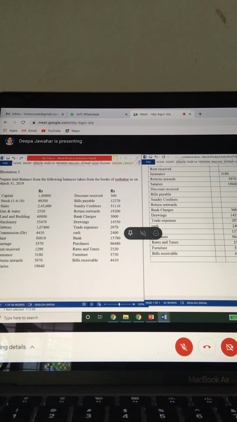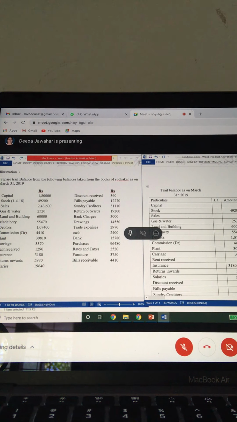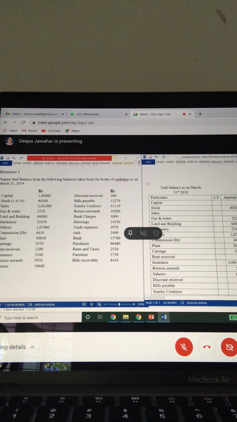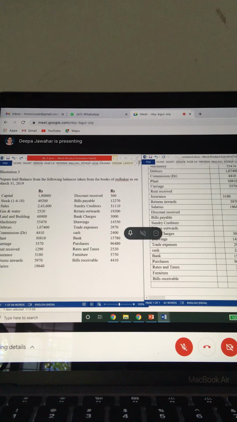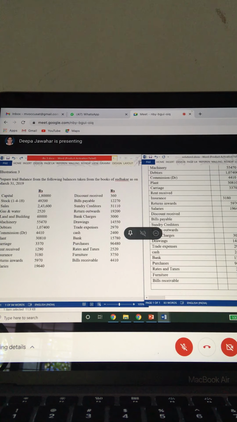Yeah, that's it. Now you have to total both side, debit side and credit side. You have to total both side, and if you are getting the same amount or the same figure in both sides, then your trial balance is good, and so there is no errors. There is no arithmetical errors.